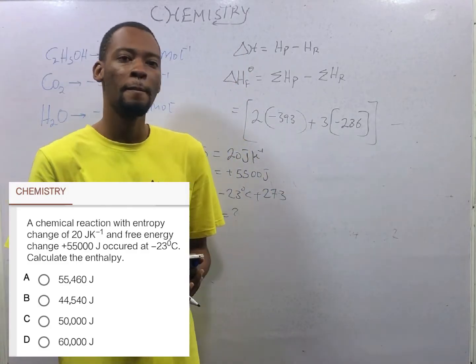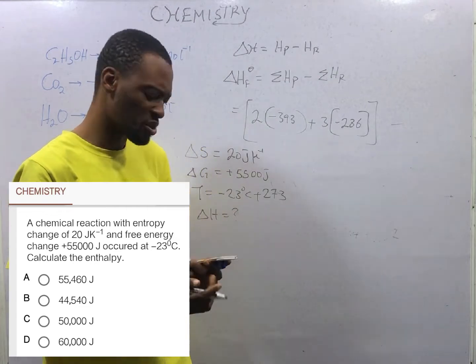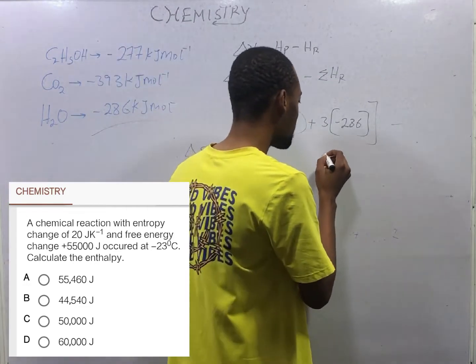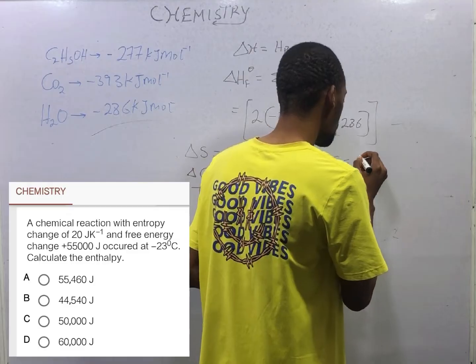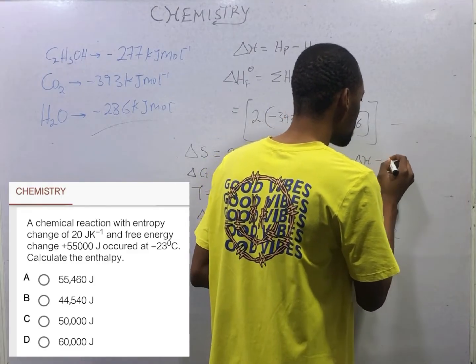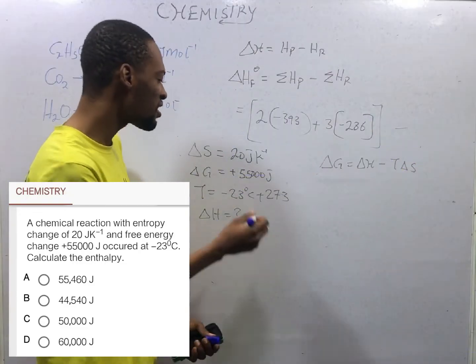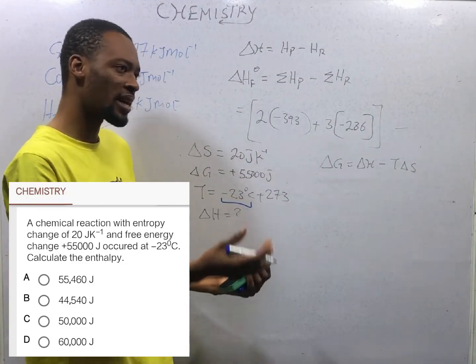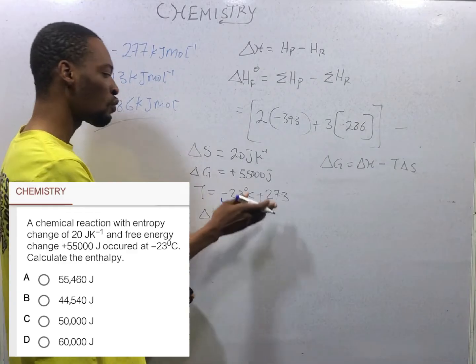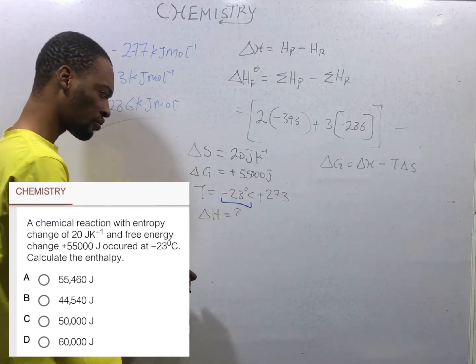From spontaneity of chemical reaction, we know that delta G is equal to delta H minus T delta S. We don't solve in degrees Celsius, so we convert to Kelvin. How do we do that? We add 273.